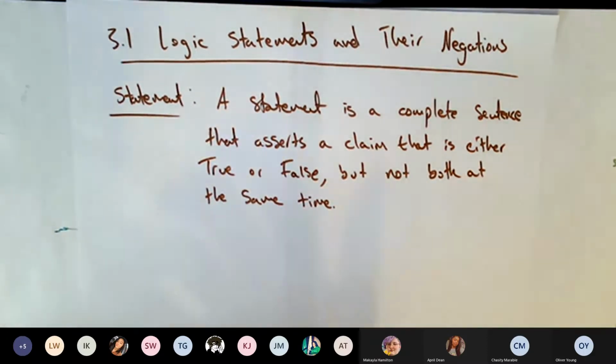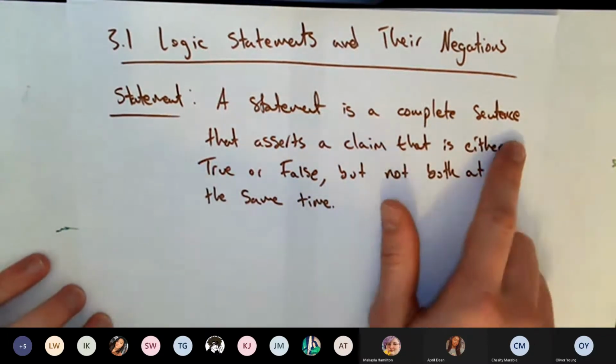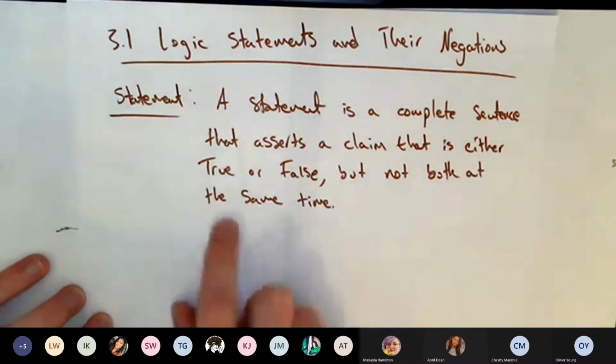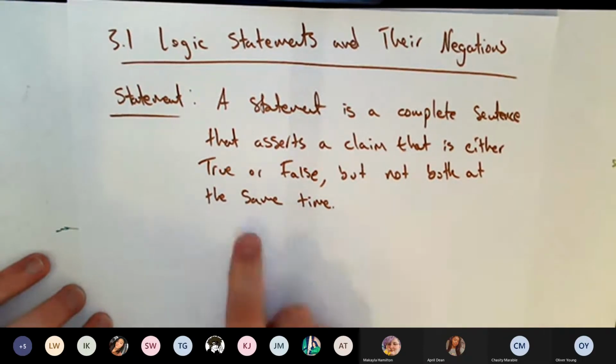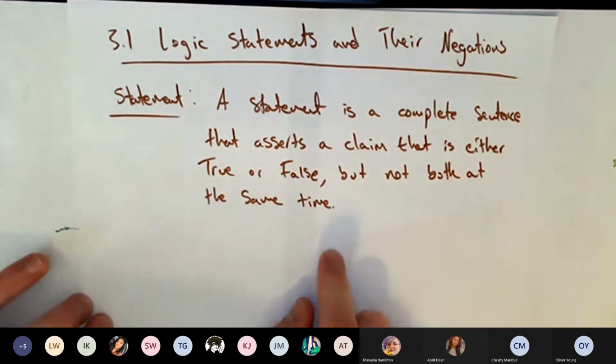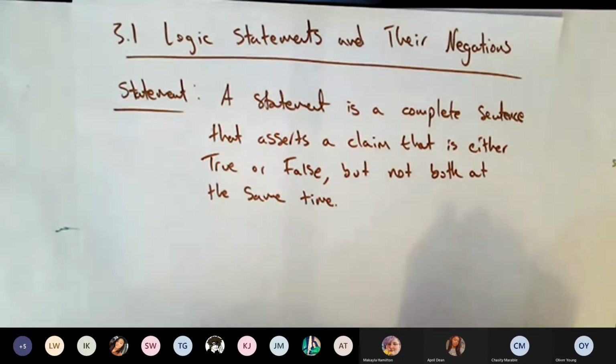So it can be either true or false. Of course, it needs to be grammatically a complete sentence that asserts a claim that is either true or false, but not both at the same time. So we can assign a value of truth to a statement. That's what we're looking for here.